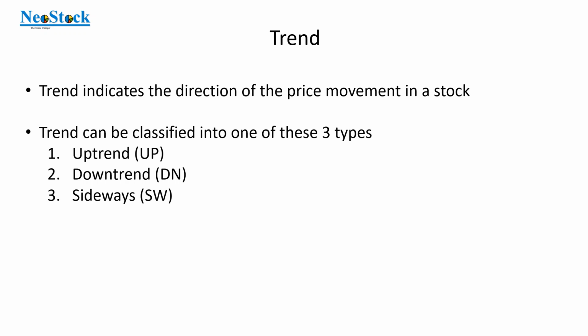You already know from the first or second lesson that when demand and supply are equal, prices will move in a narrow range. That indicates the trend is sideways. In short, we call it SW. So these are the three different types of trend you will be seeing, and you will understand how to identify these trends.